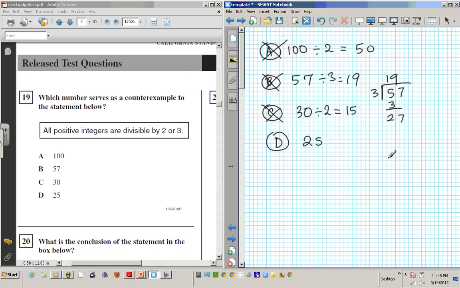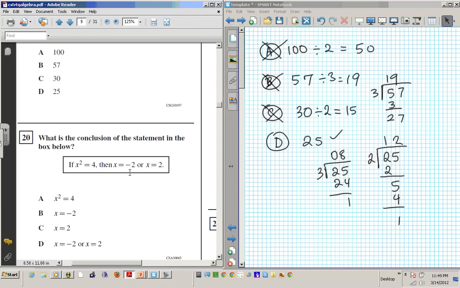Absolutely not, because 25 divided by 2 is 12 with a remainder of 1. And when we divide 25 by 3, 3 goes in 8 times, 24, and we have a remainder of 1. So the answer is D. Okay? So there you have it.